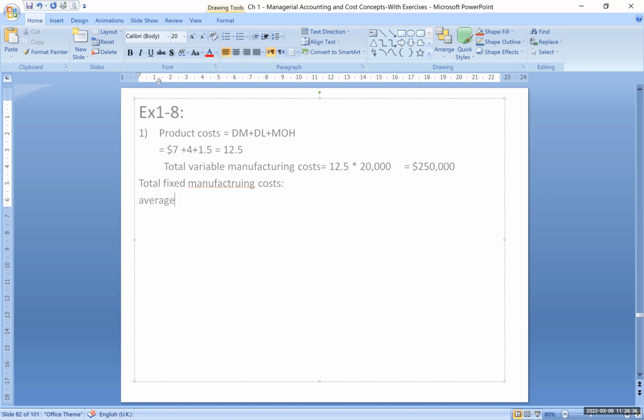Average fixed per unit multiplied by how many units do we have? The average per 1 unit is what? 5. According to the question, we have $5 per 1 unit. Multiply by how many units to be produced?